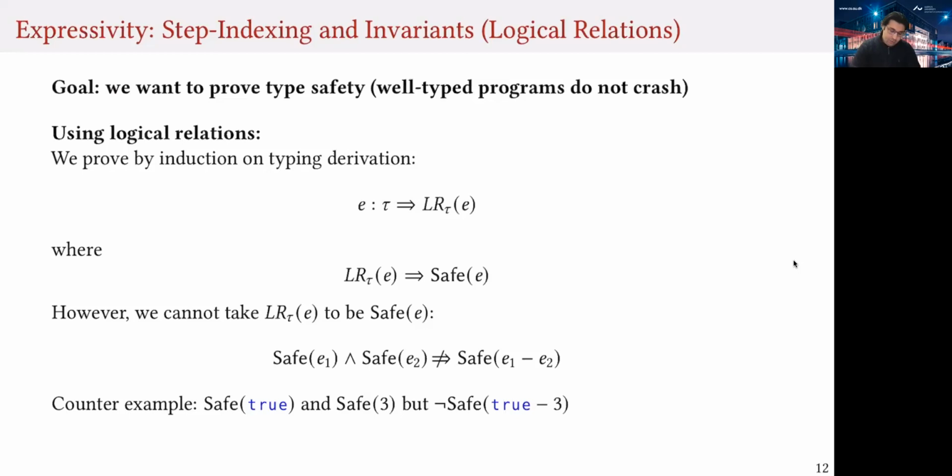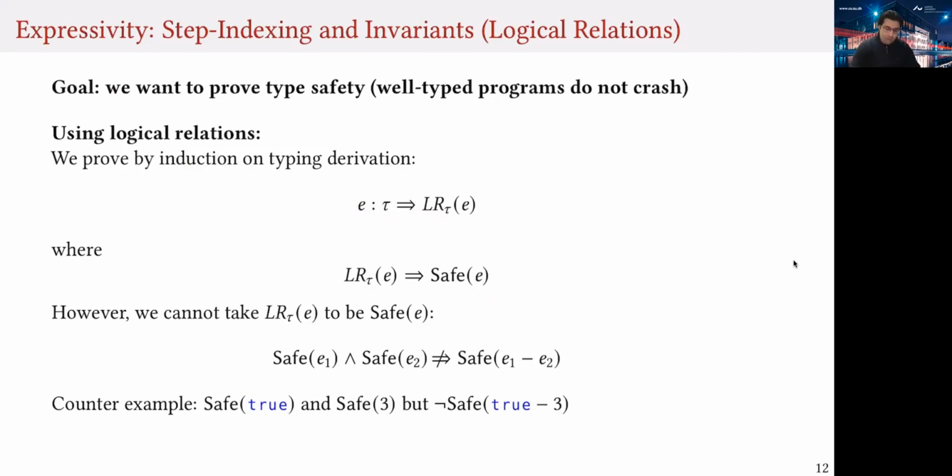The idea is that you want to prove by induction on typing derivation that for any well-typed program E of type tau, the program is in the so-called logical relations for that type. And now if being in the logical relations implies that the program is safe, then we're good, right? We have proven type safety.